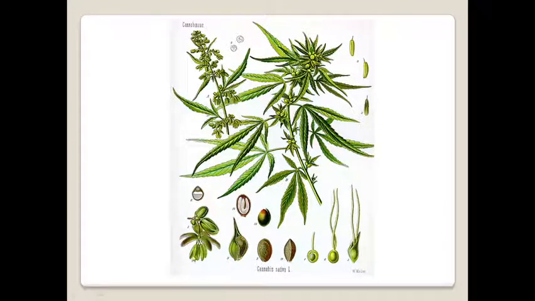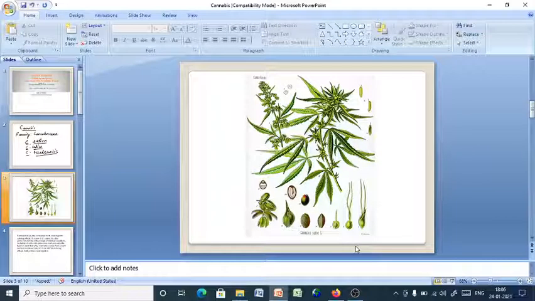Like this is the enlarged portion of the male flower floral part. This is the enlarged portion of the female floral part. And each and every portion of this plant are commonly used for preparing various types of drugs, and also they have a medicinal property also.